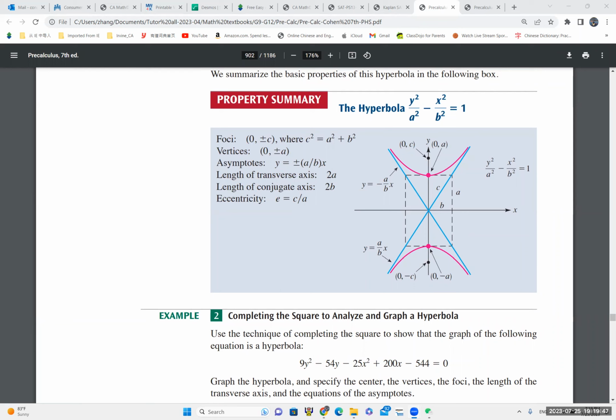Completing the square to analyze the graph of a hyperbola. Do you guys want to try this, example 2? You should use knowledge from algebra, right?